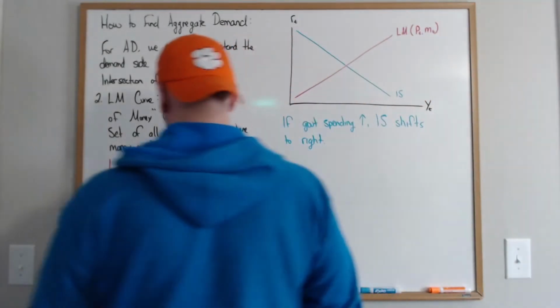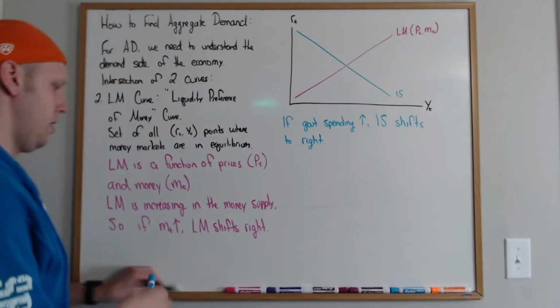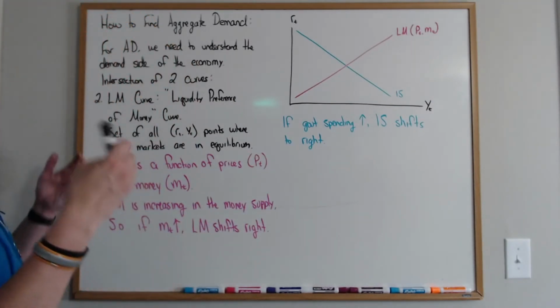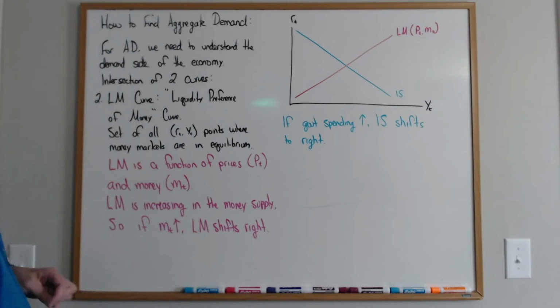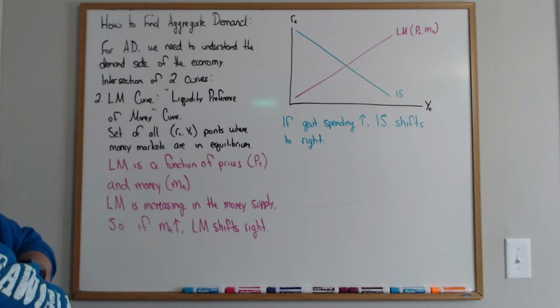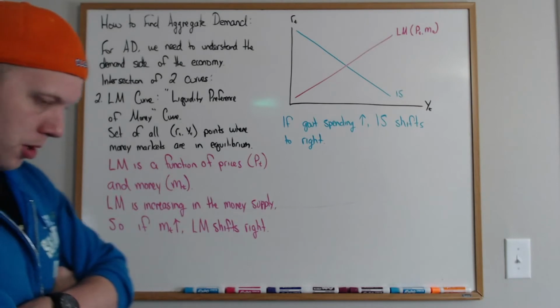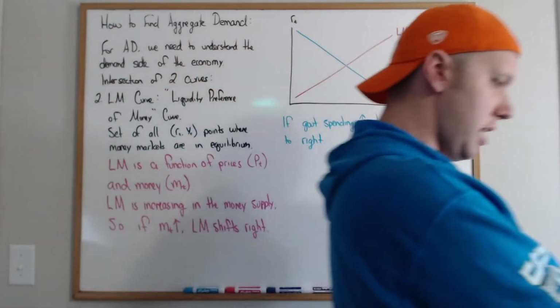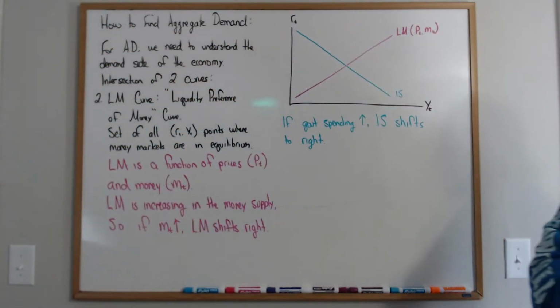So how do we get aggregate demand from all this stuff? Because we've figured out, okay, well, I get an intersection of all equilibrium points where goods markets clear and money markets clear. Right? They're linear. One's upward sloping, one's downward sloping, which guarantees there is a unique stable equilibrium point here.